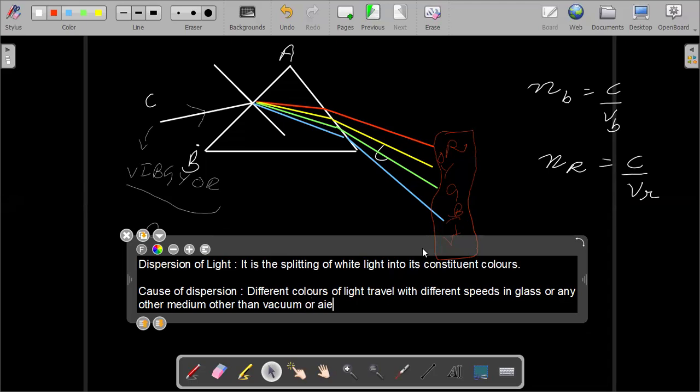So now everyone has understood why the dispersion occurs. It's because all the colors have different speeds. So they will have different refractive indices and hence they will bend by different angles.